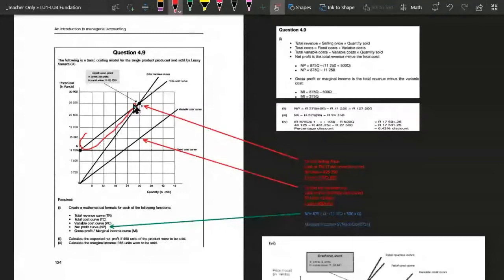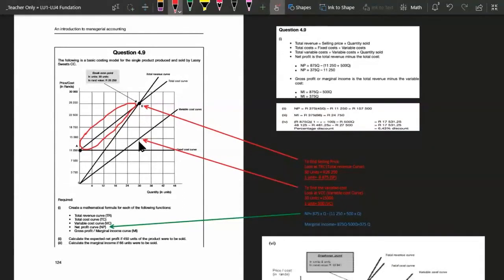It is bigger, it is higher than the total revenue. What does that mean? It means that we were incurring more cost than revenue. Our costs were bigger than our revenue. What does that mean? We were making a loss. That's all that it means. We were making a loss up to the point where we arrive at E.